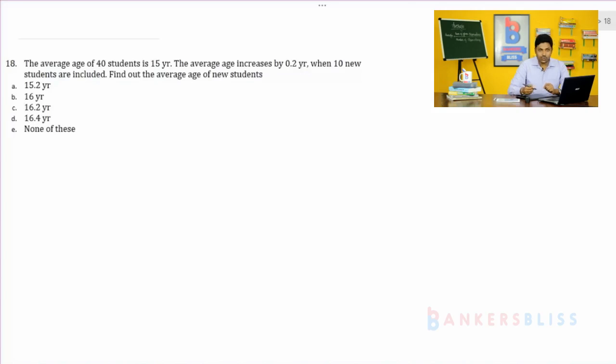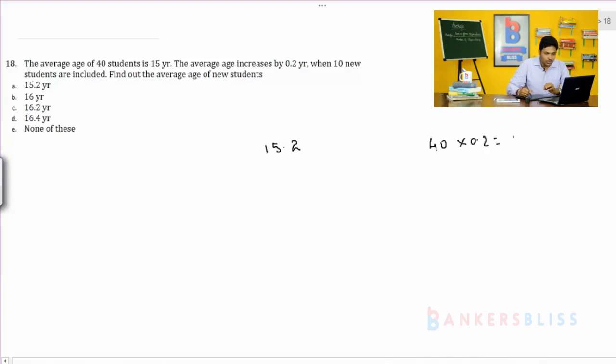So when 10 new students come into the group, the average age becomes 15.2 because 0.2 is increased. For the 40 students, 0.2 per candidate, so 40 into 0.2 is equal to 8. So 8 is increased totally for the 40 students.